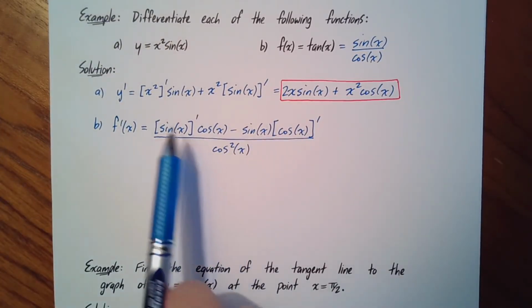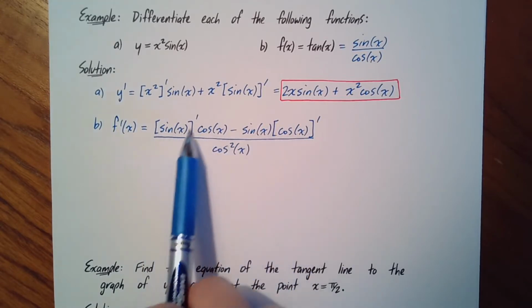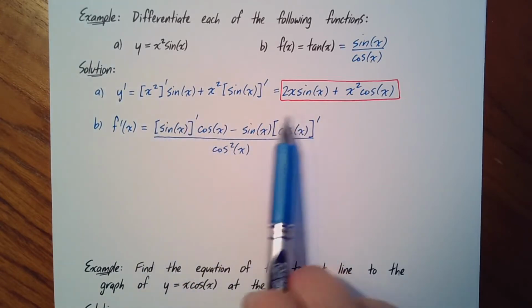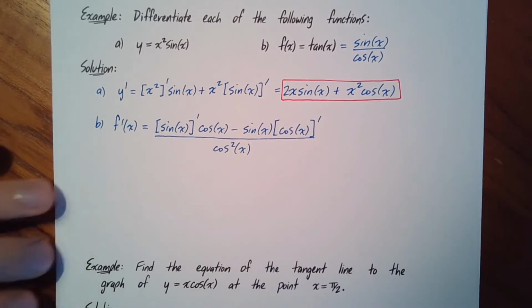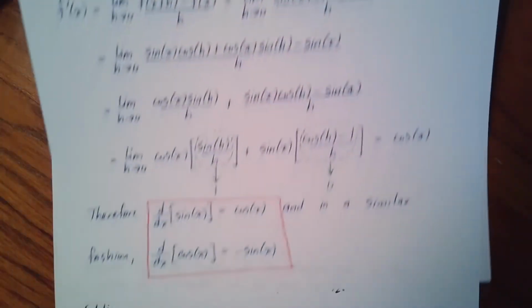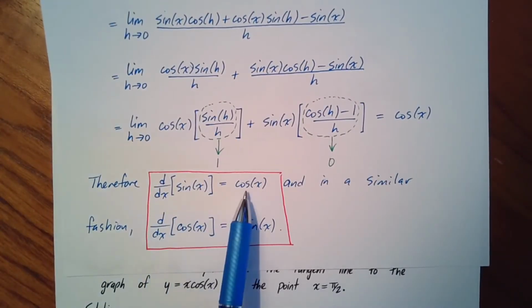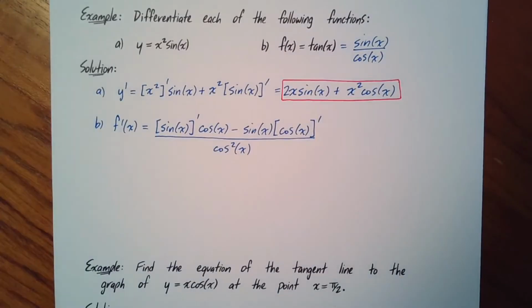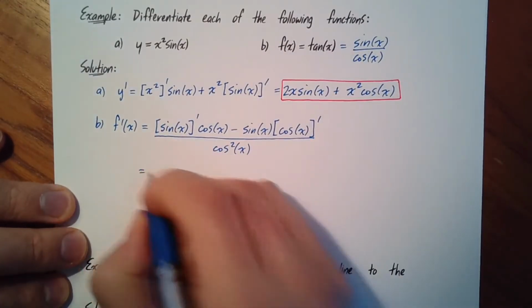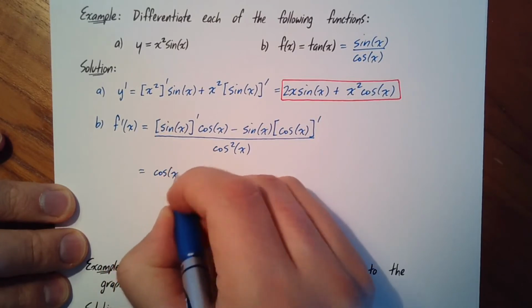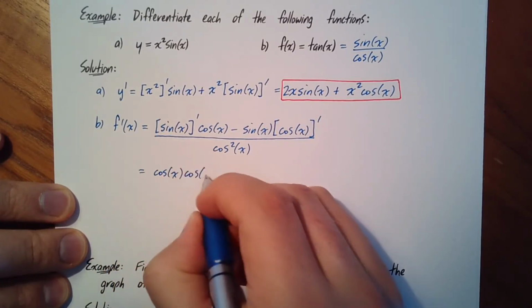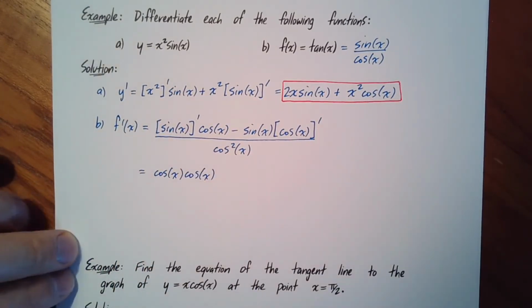Now we still need to take the derivatives of these smaller pieces, right? We need to differentiate sine of x, and we need to differentiate cosine of x. And we can do that using the rules on the previous page. Again, I'll remind you, the derivative of sine of x is cosine of x. So this one here is going to turn into cosine of x times cosine of x for the first term.